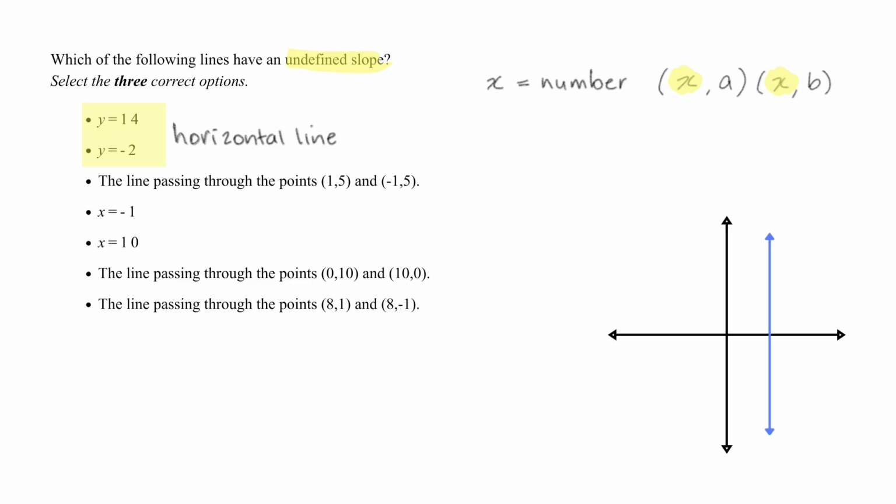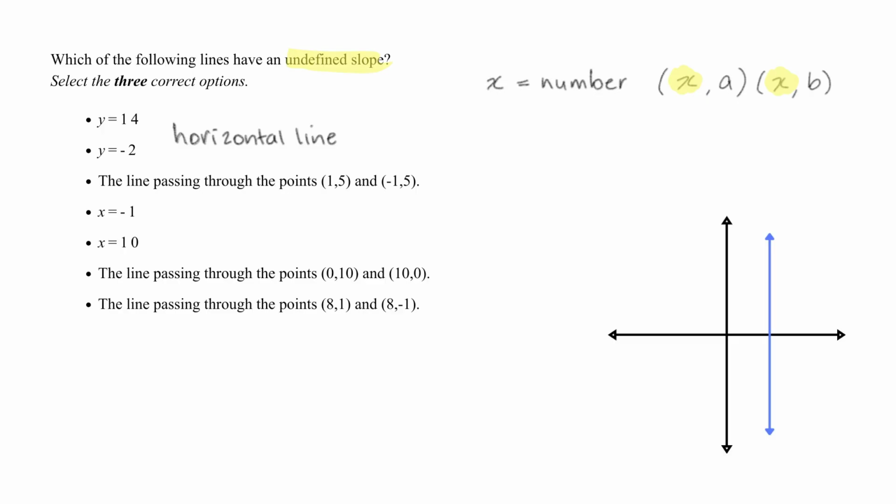Always remember, when it is a horizontal line, slope should be equal to 0, not undefined. Looking at the fourth and fifth options, those two options will have an undefined slope since the equation fits the x equals number rule.